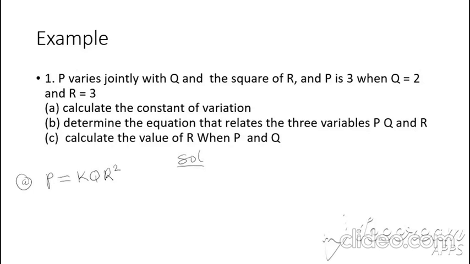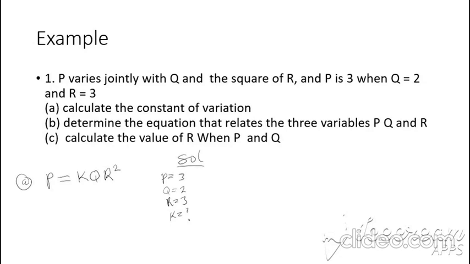Now you need to substitute because they want K, the constant of variation. What's our P according to the question? It's 3. Our Q is 2, and our R is 3. Our K is the one we're looking for.